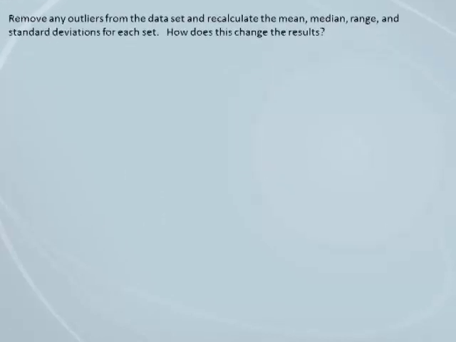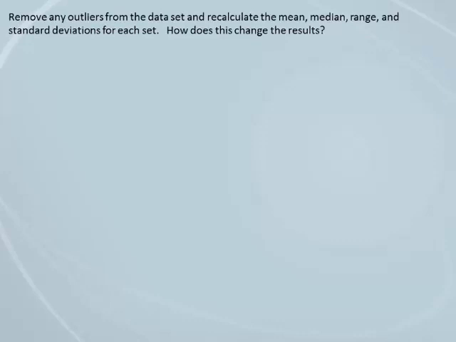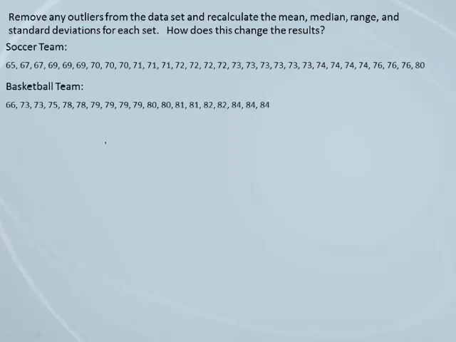So if we remove any outliers from the data set and recalculate the mean, median, range, and standard deviations, how would this change the results? Okay, so we have our soccer team. Don't forget there was an 85 on there. And we had these outliers, so we're taking those out.